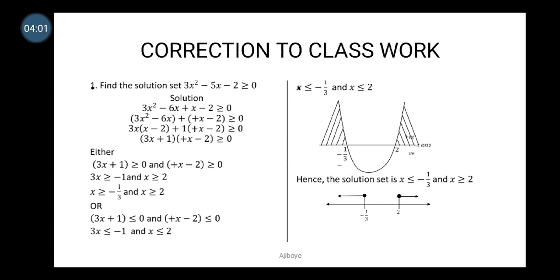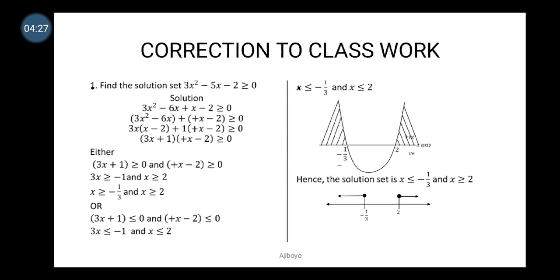So it simply means that the zeros of this quadratic expression are minus 1 over 3 and 2. So if we draw the graph, it is going to appear like a U. Why will it appear like a U? Because the coefficient of x squared is positive.